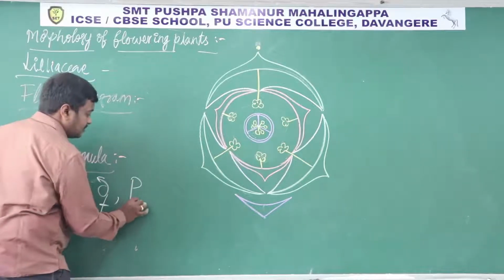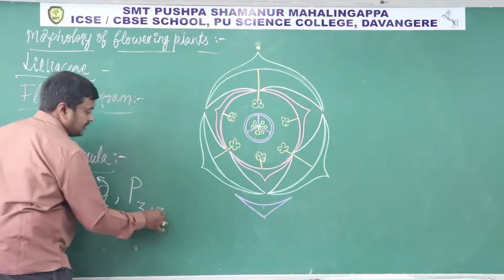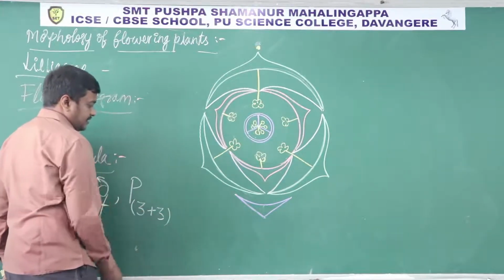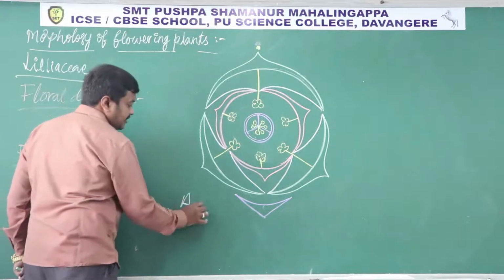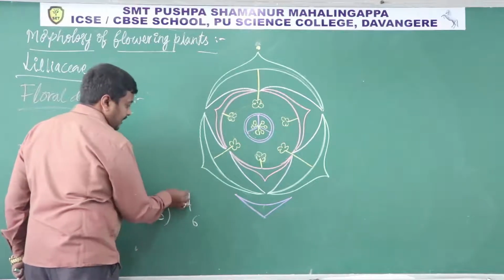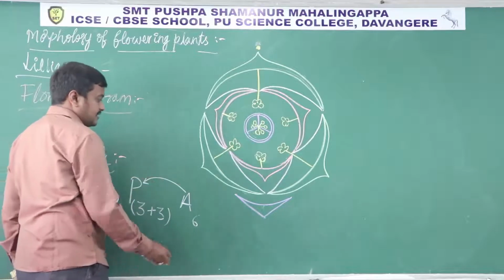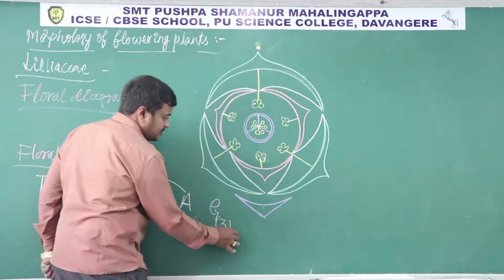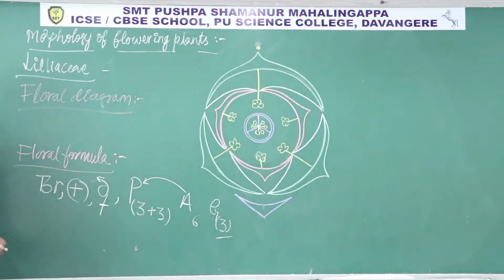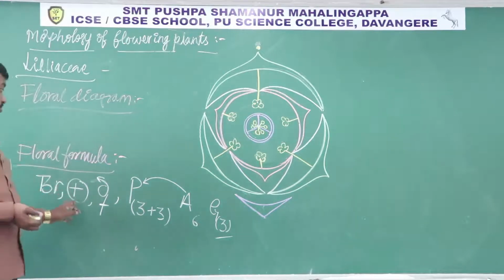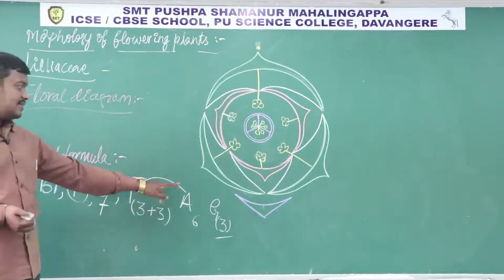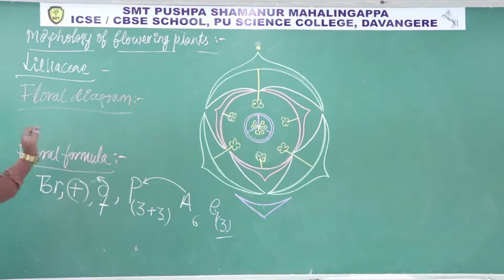So it is perianth, 3+3 condition, fused 3+3. Then androecium, totally 6 stamens, epiphyllous. Then gynoecium, tricarpellary, syncarpous, superior ovary. Okay, so very simple floral formula. Bracteate, actinomorphic, bisexual, perianth 3+3 fused, androecium 6, epiphyllous, gynoecium tricarpellary, syncarpous, superior ovary.